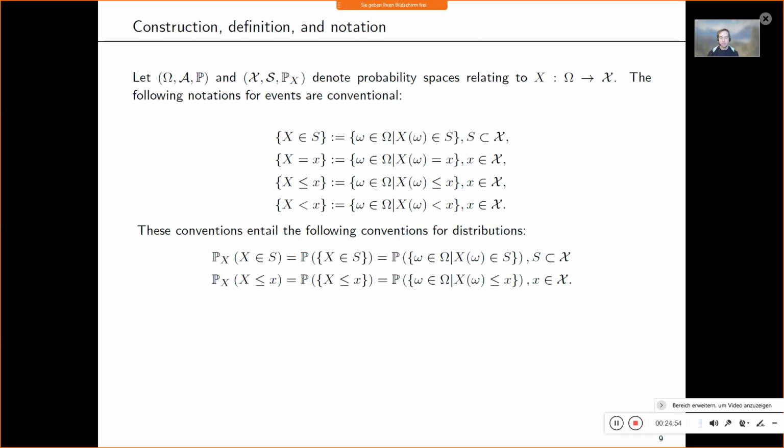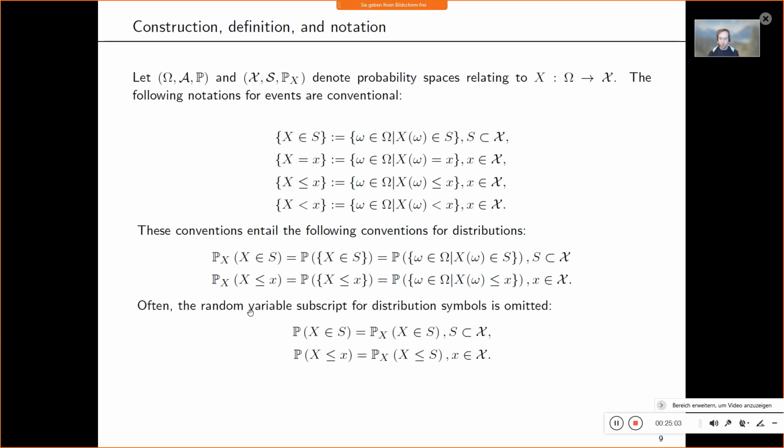What this means is that you talk about the probability of the pre-image of this event, which is defined as the underlying probability.